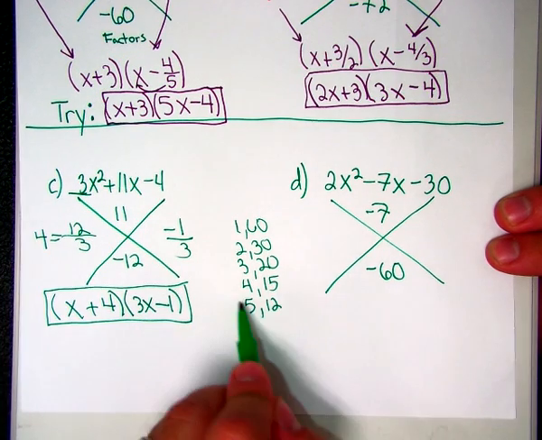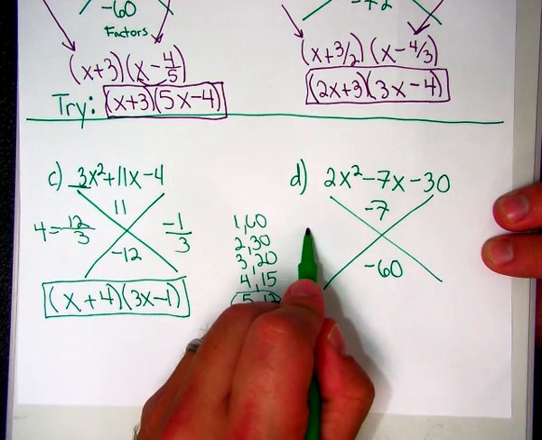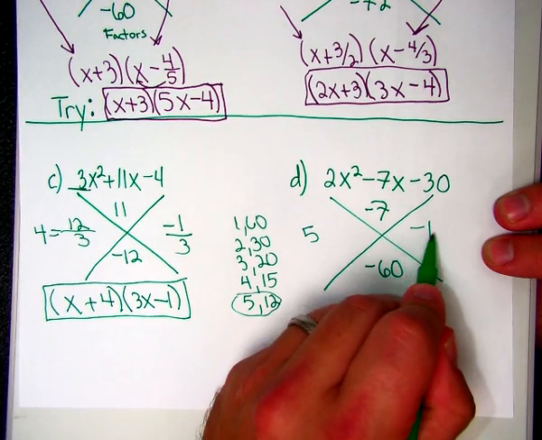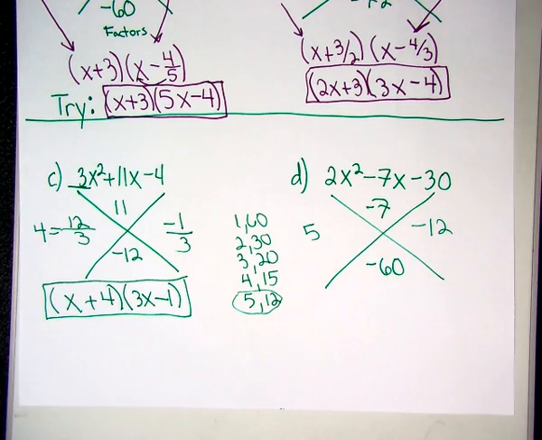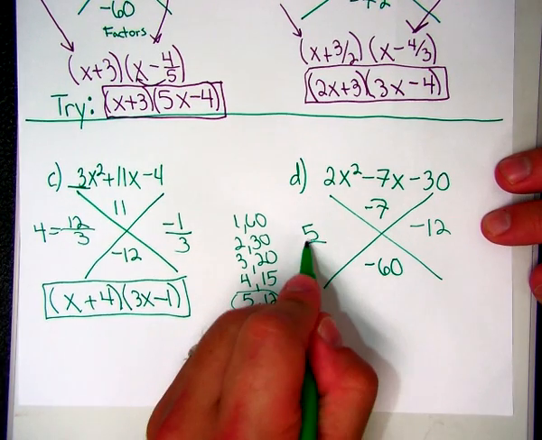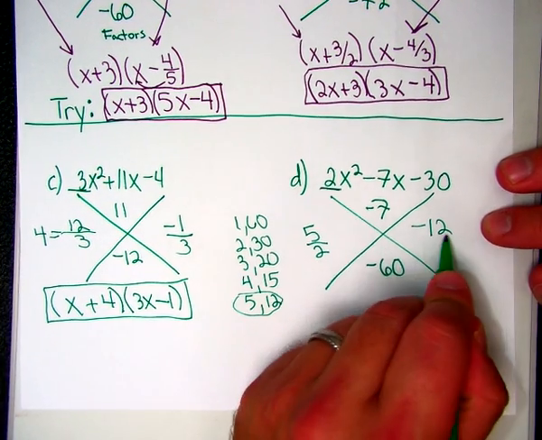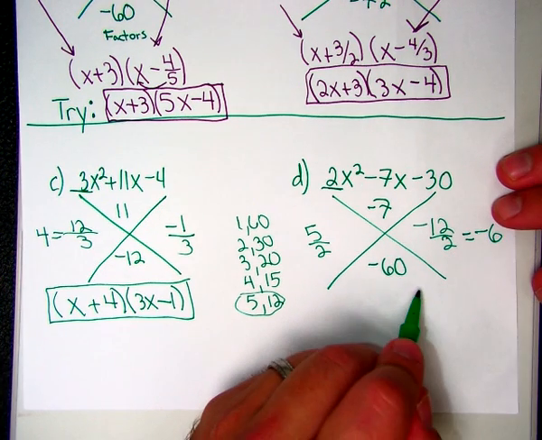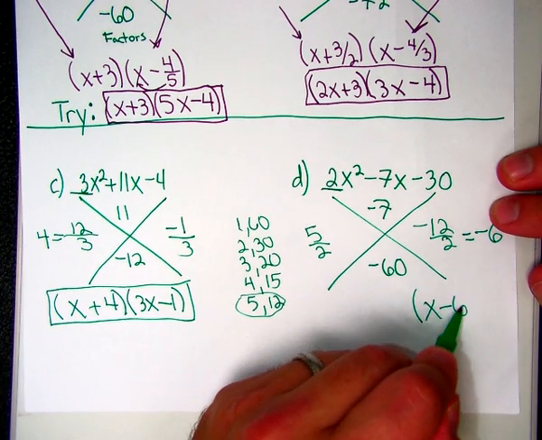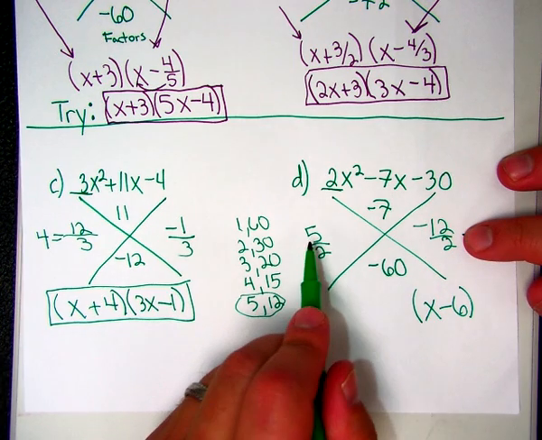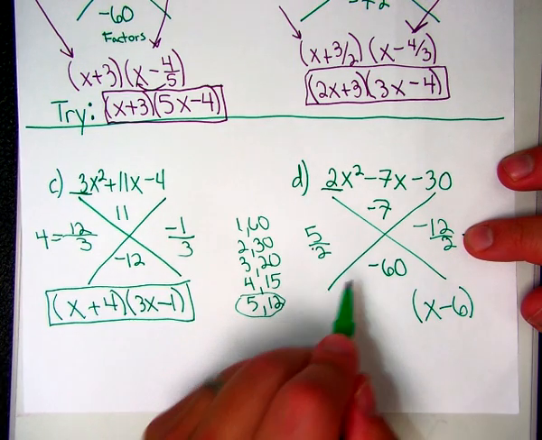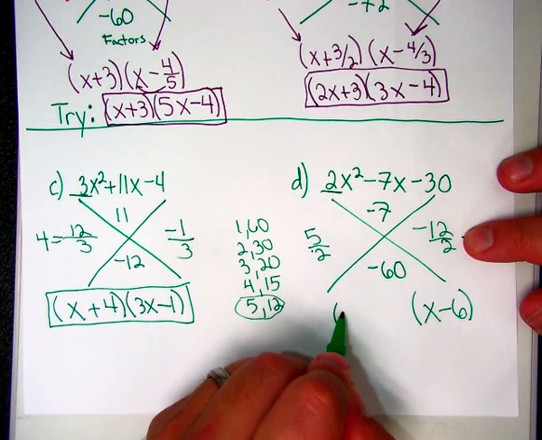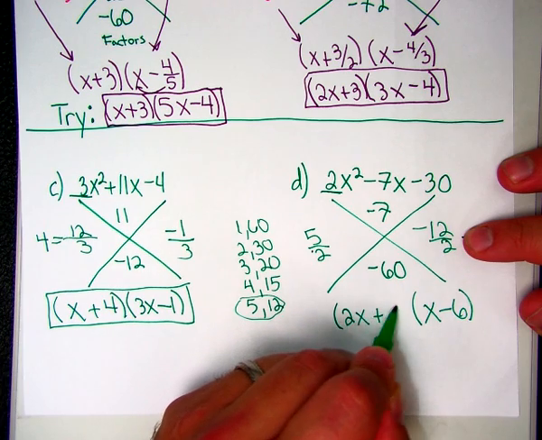We're going to use 5 and 12, and we're going to do 5 minus 12. Divide both of these by 2, that's the A value there. We end up with a negative 6 for the right one, so that's going to be x minus 6. For the left one, we end up with 5 over 2, which doesn't reduce. So sweeping the 2 up front, we get 2x plus 5.